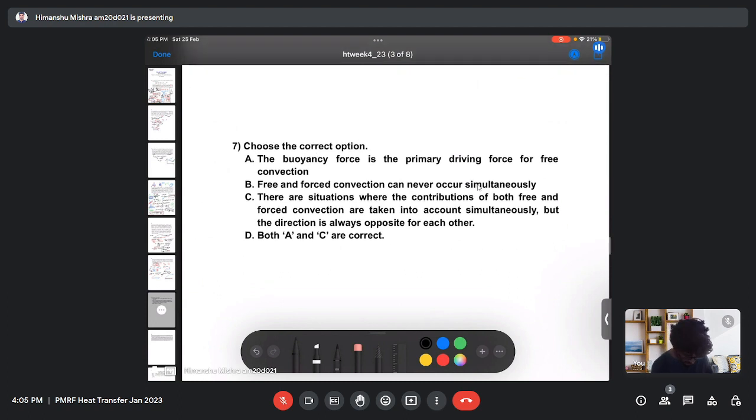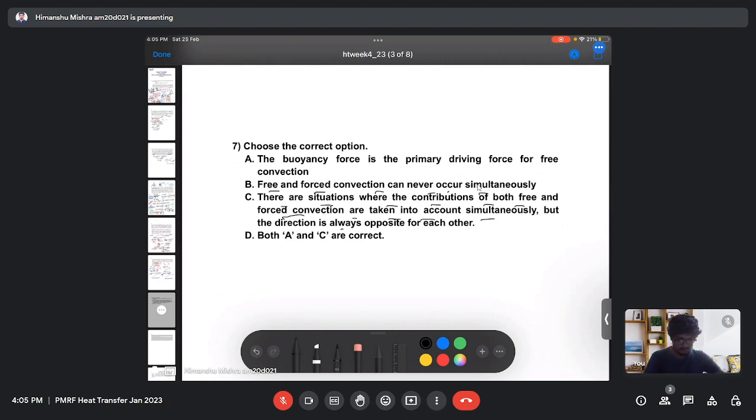So here we need to choose a correct option. The first option is the buoyancy force is the primary driving force for the free convection. Okay. My next statement is free and forced convection can never occur simultaneously. Okay. C option is there are situations where the contribution of both free and forced convection are taken into account simultaneously, but the direction is always opposite for each other.